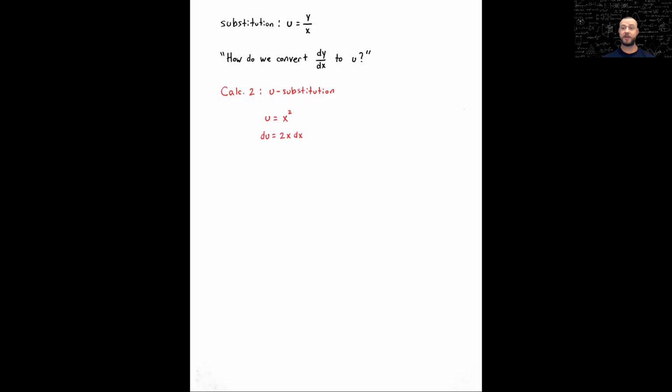If we were to do a regular basic u substitution, maybe we chose u equals x squared, the differential du would be 2x dx. So differentials, converting that part, plays a role previously. We're going to now try to convert our derivative dy over dx in a similar fashion.